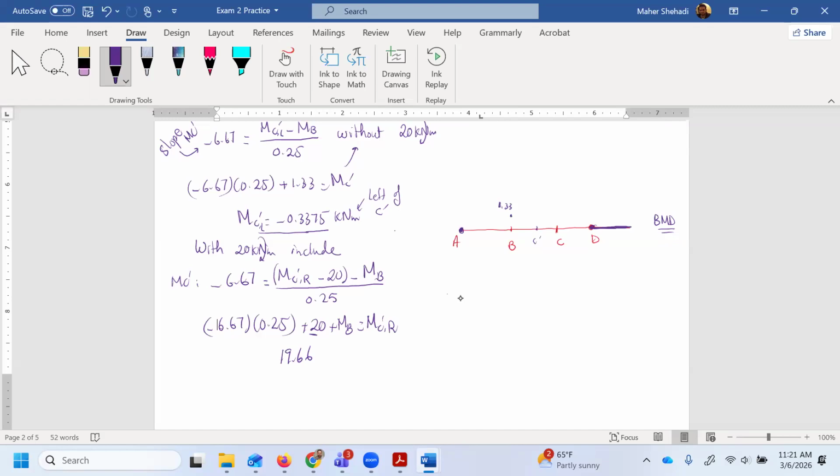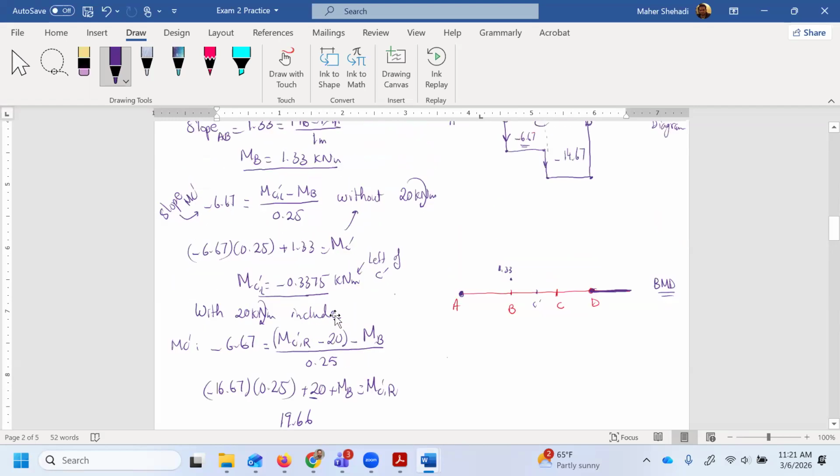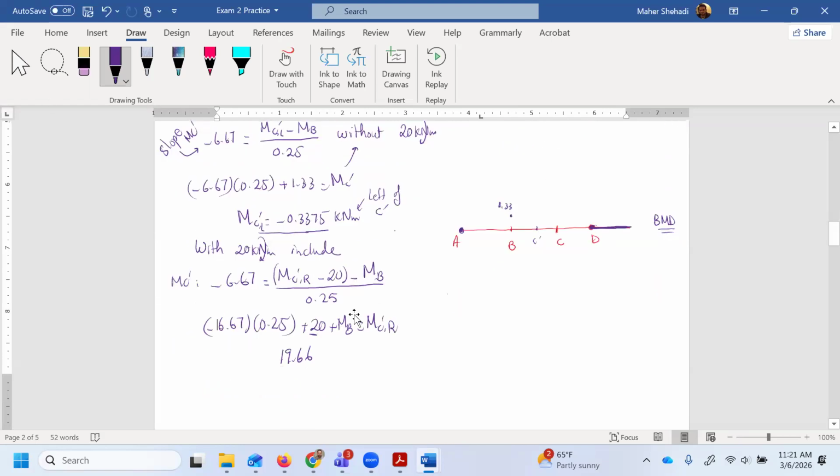Let's do it exactly. MB is 1.33. Again, that's slight rounding. So 19.6625. So this is more than enough. MC to the right. Okay, what do I mean to the left, to the right?